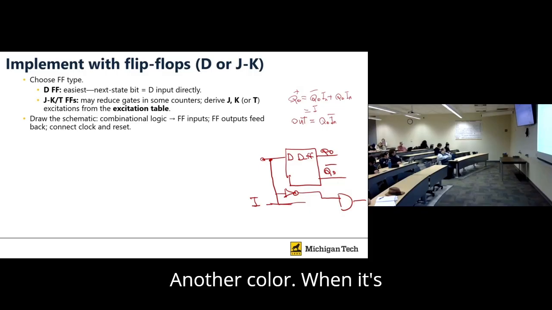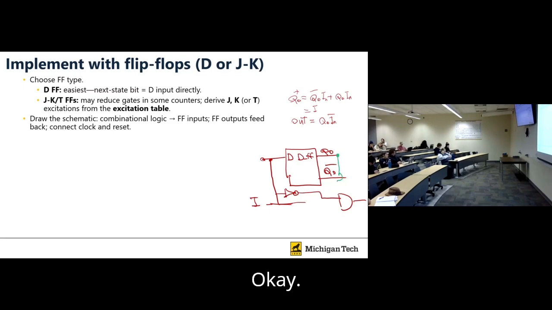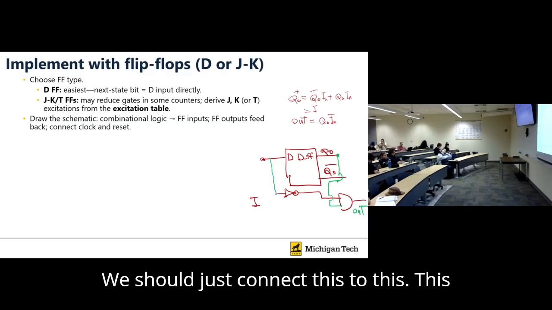When a wire passes another line, it's better to use another color. Okay, and this is out, and this is in. I think we should just connect this to this.